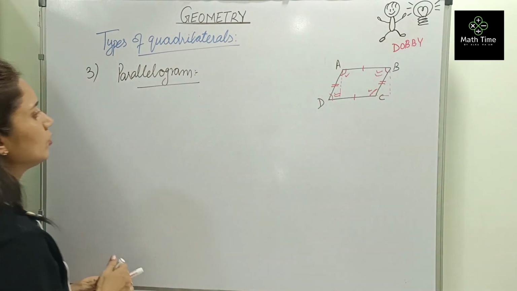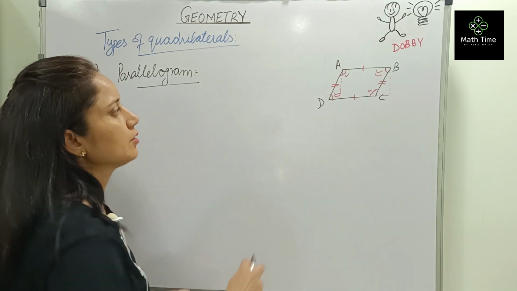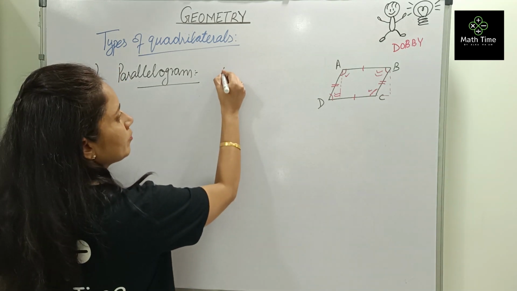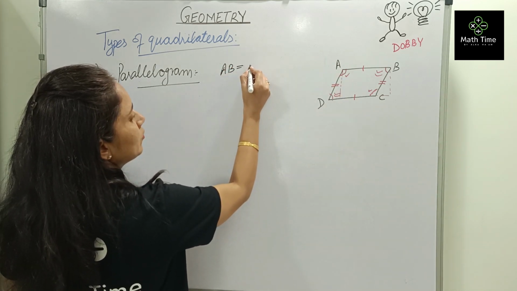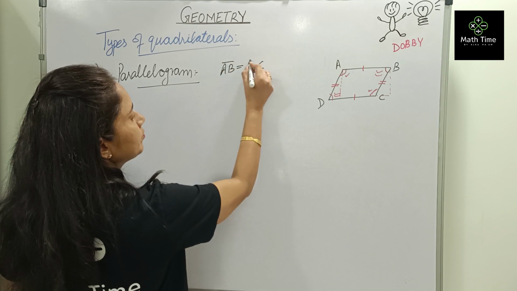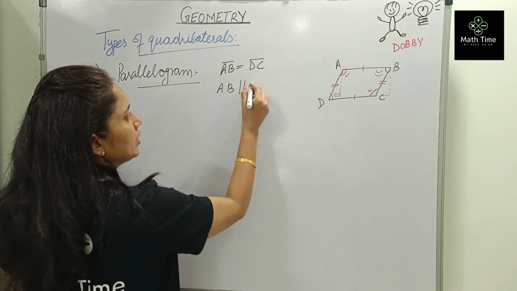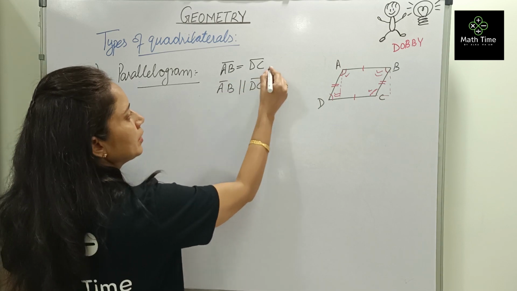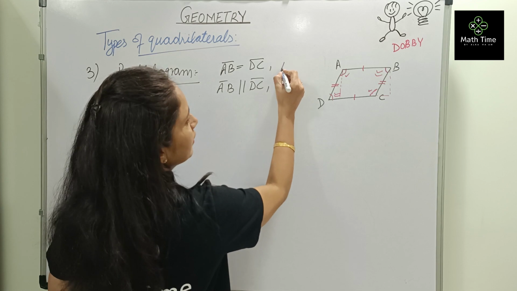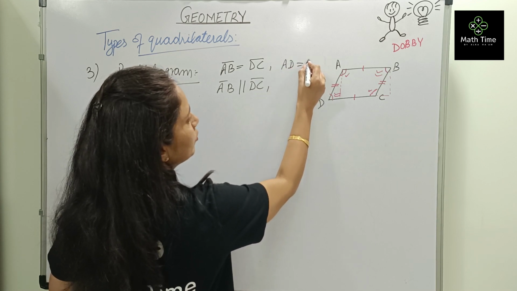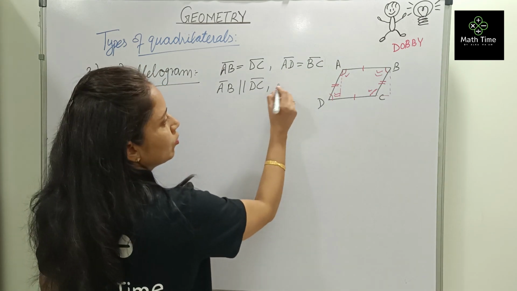So what is a parallelogram? A parallelogram is a closed figure of four sides having AB top side equal to bottom side DC. In the same way these two are parallel also. AB is parallel to DC. And when we talk about left and right side, yes, AD is equal to BC and they are parallel also.